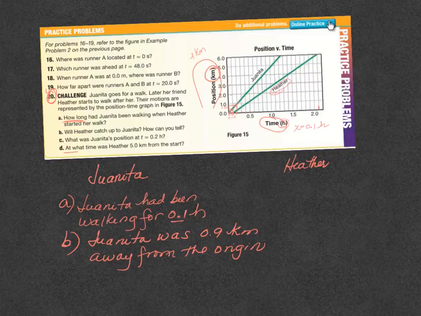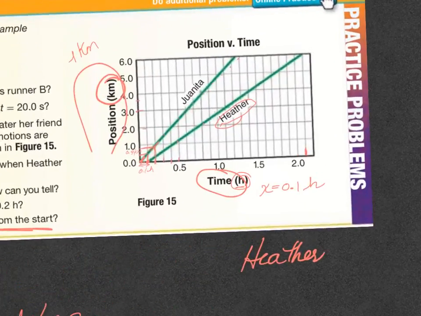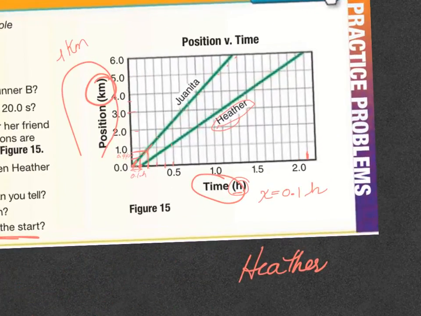They say, at what time was Heather 5 kilometers from the start? These questions are super fun. Okay, this is Heather over here, 5 kilometers from the start, and then you go down.